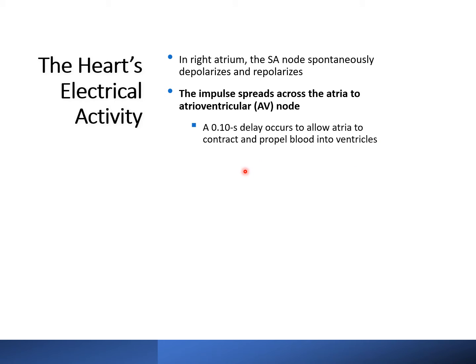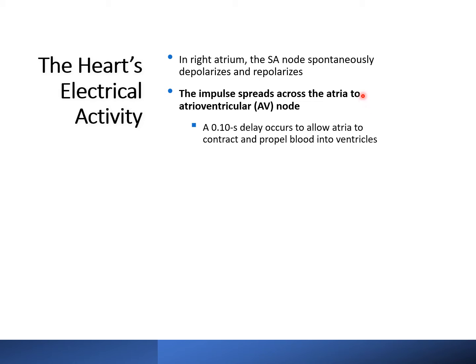So next is the heart's electrical activity. In the right atrium, the SA node spontaneously depolarizes and repolarizes. So basically what this means is it gets excited and then it relaxes. And that's simply nerve transmission. So we're not talking about any muscles in particular, but you're getting that nerve impulse that causes that excitation, and then you get that relaxation of that nerve impulse that causes that repolarization.